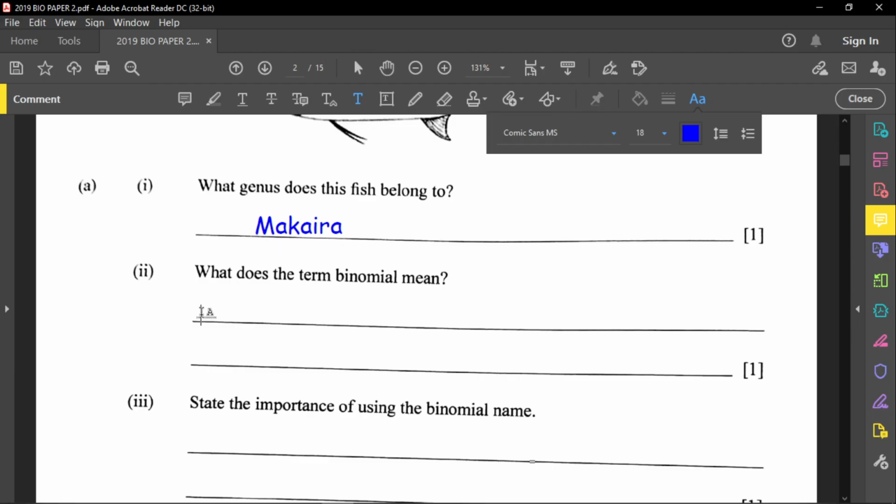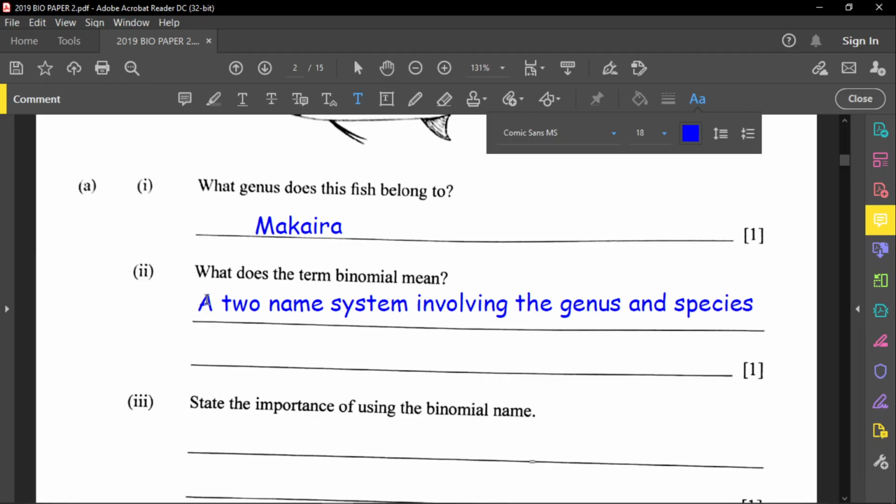So this is a two-name system involving the genus and the species. All right, so it's very important for you to know that. So it must include the genus and the species. So it's a two-name system, binomial.